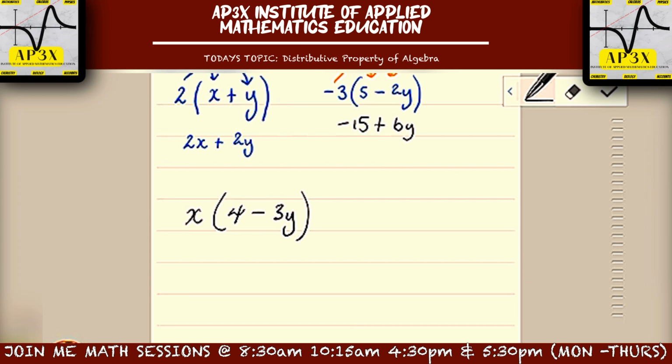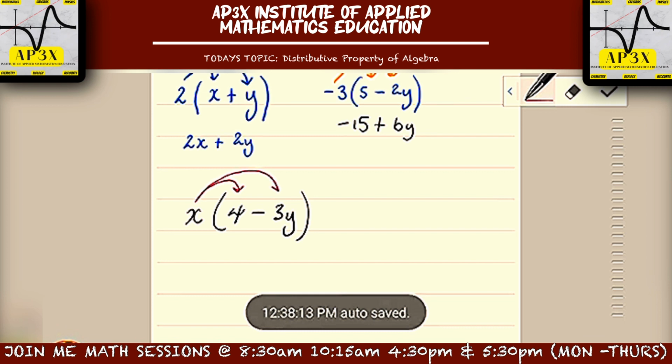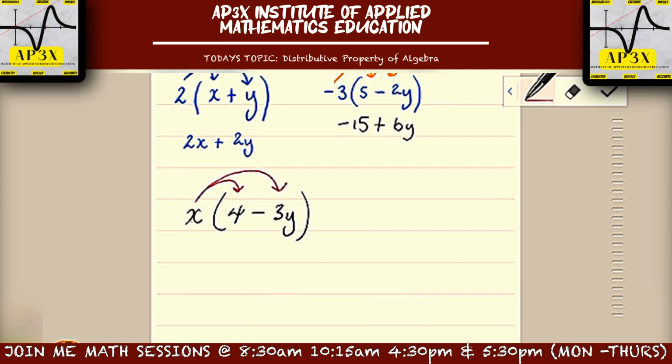Because we can't evaluate it, because we don't know what the value of y is, and we don't know what the value of x is, so we cannot calculate or evaluate. What we can do is simplify, expand and simplify. So here we say x multiplied by 4 and x multiplied by minus 3y. So now x multiplied by 4 is in fact 4x, and x multiplied by minus 3y, well, x times y is xy.